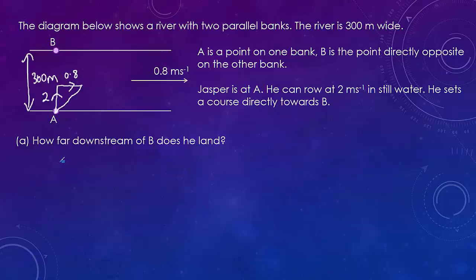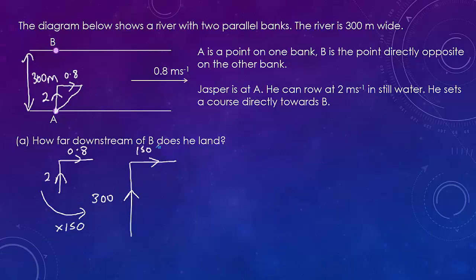So for every 2 in this direction, he'll go 0.8 this way. So to cross, he's going 300 in this direction. And of course the scale factor here is 150. So that's going to be 150 times 0.8 in this direction.